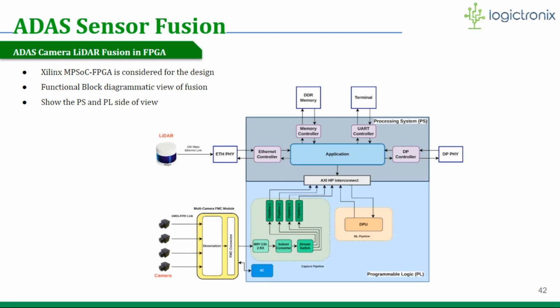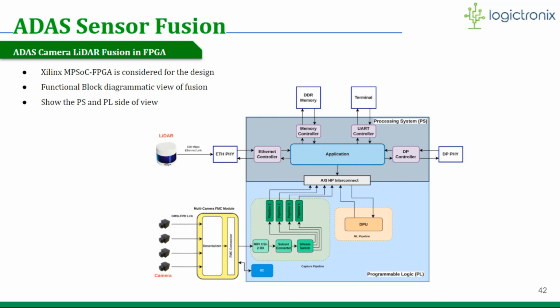Okay, here it is, the Xilinx MPSoC. This is a functional view of a sensor fusion, for which a Xilinx MPSoC FPGA is considered for the design. Okay, it shows the PS and PL side of view. Here you see the 4 cameras which send data over GMSL or the FPD link.